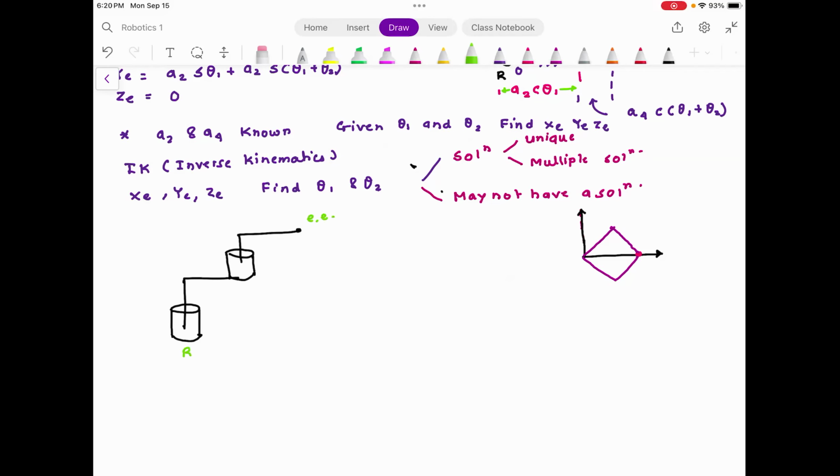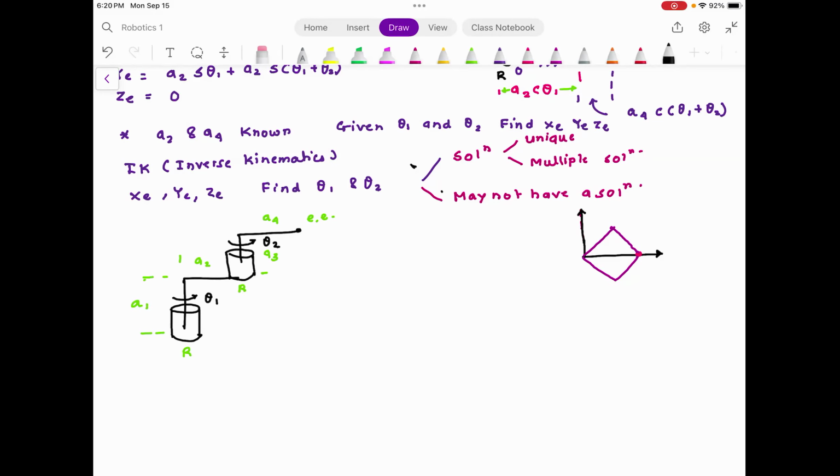This is your first revolute joint. This is your second revolute joint. This length is A1. This length is A2. This length is A3. And this length is A4. The first revolute joint has the joint angle θ1. Second revolute joint has the joint angle θ2.